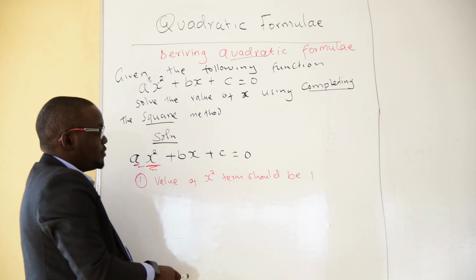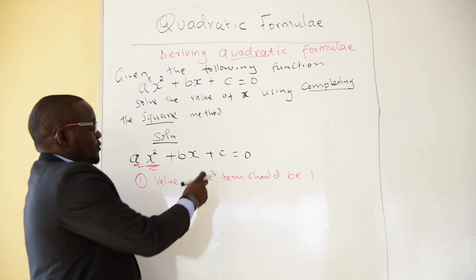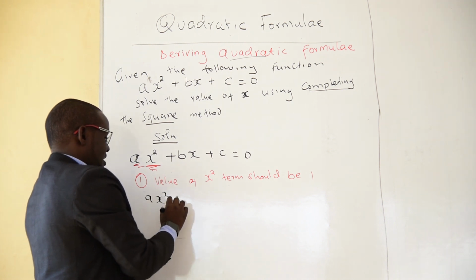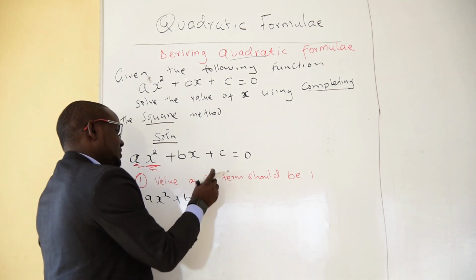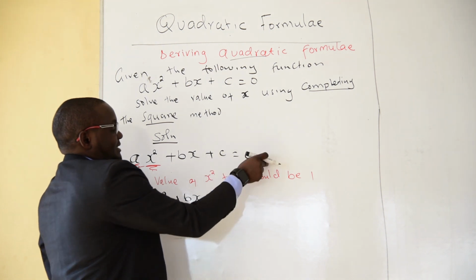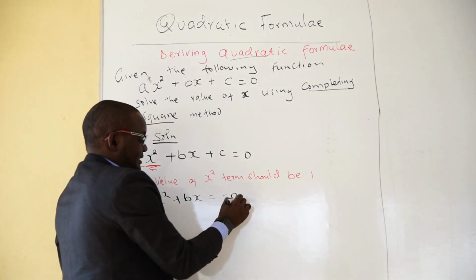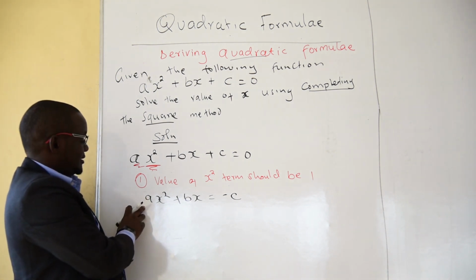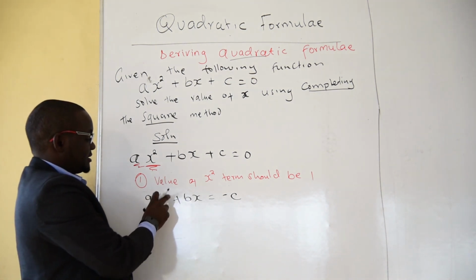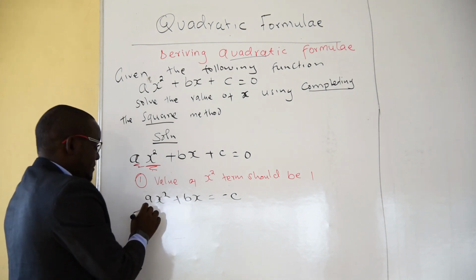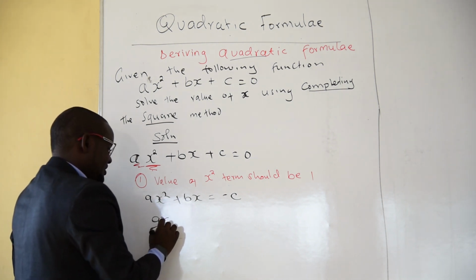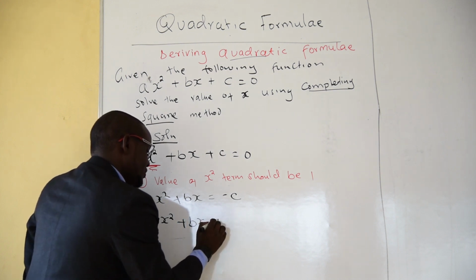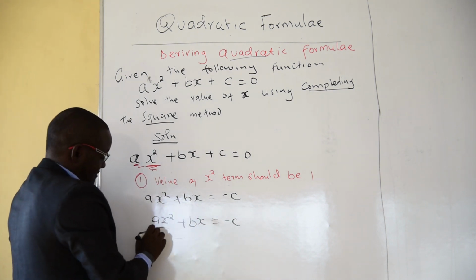But before we make it equal to 1, we shift the constant to the other side. So this becomes ax squared plus bx equals, when you take plus c to the other side, minus c. Now we want to make the coefficient of x squared 1, so I divide by a.